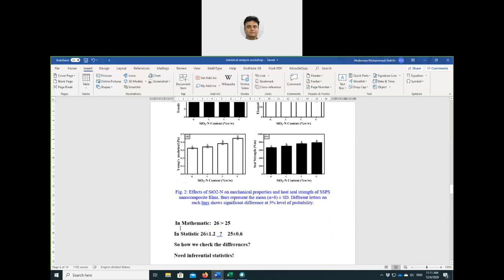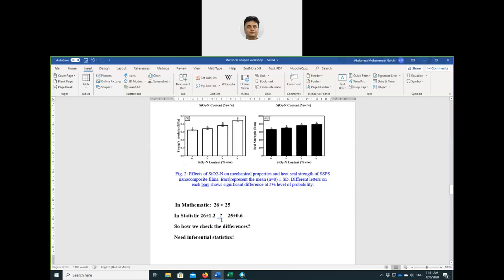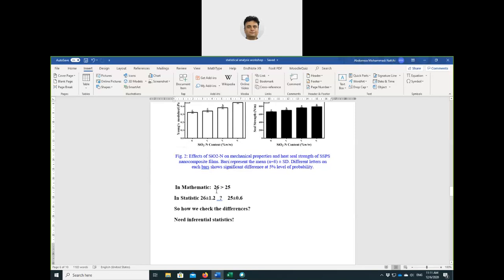Here in mathematics, when we say 26, 25, we can easily write that 26 is higher than 25. There is nothing else. We cannot say that 26 is less than 25. 26 is higher than 25.